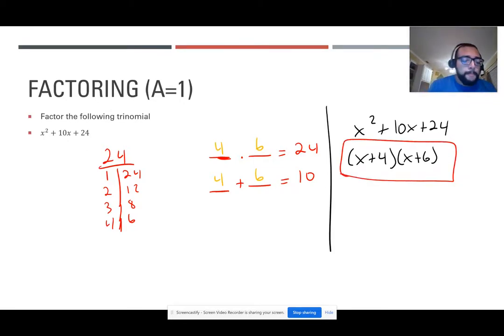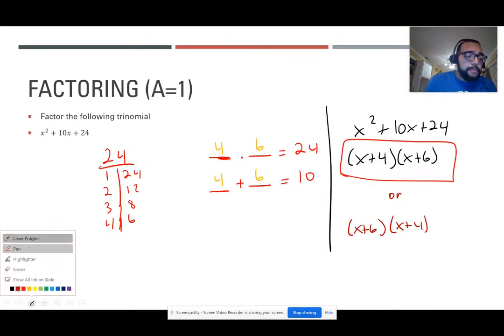I'm done. So a couple things here. One, you don't necessarily need to put the 4 first and then the 6. If you want, you can say x plus 6, then x plus 4. Doesn't really matter. That's all up to you. That's just notation at that point.